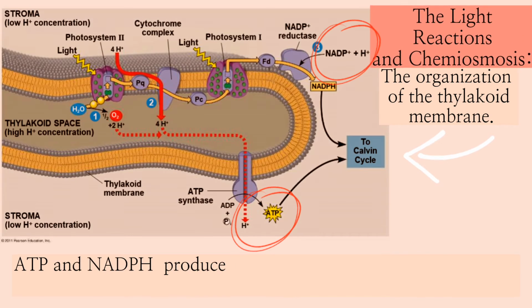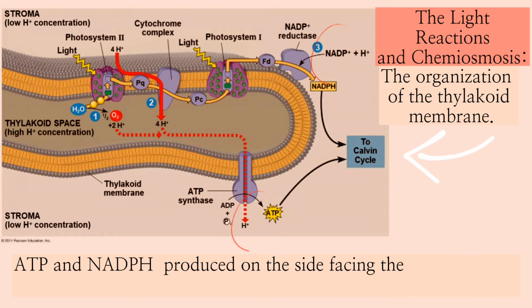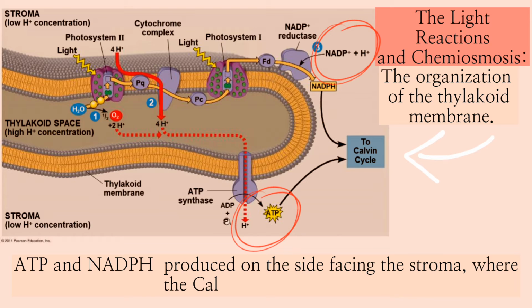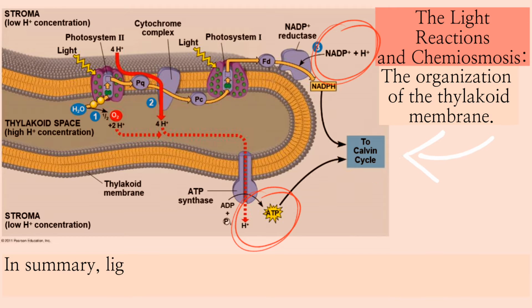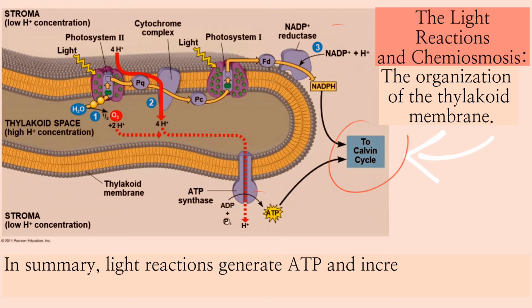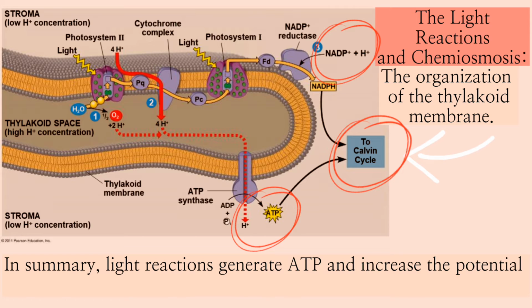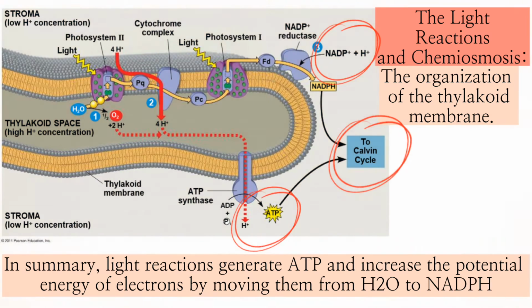ATP and NADPH are produced on the side facing the stroma, where the Calvin cycle takes place. So in summary, light reactions generate ATP and increase the potential energy of electrons by moving them from H2O to NADPH.